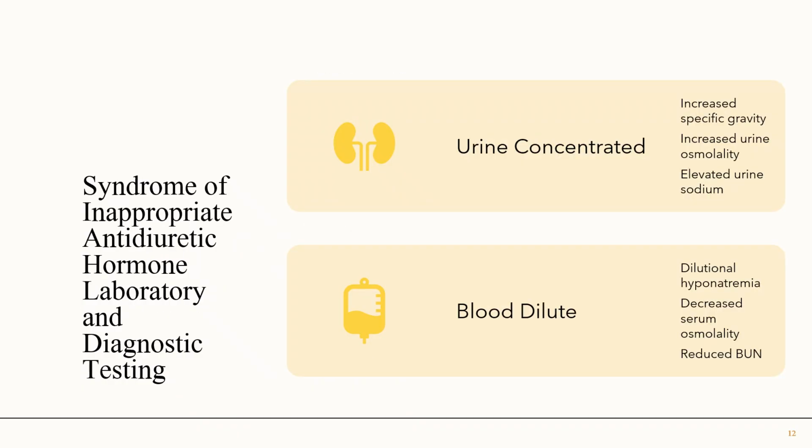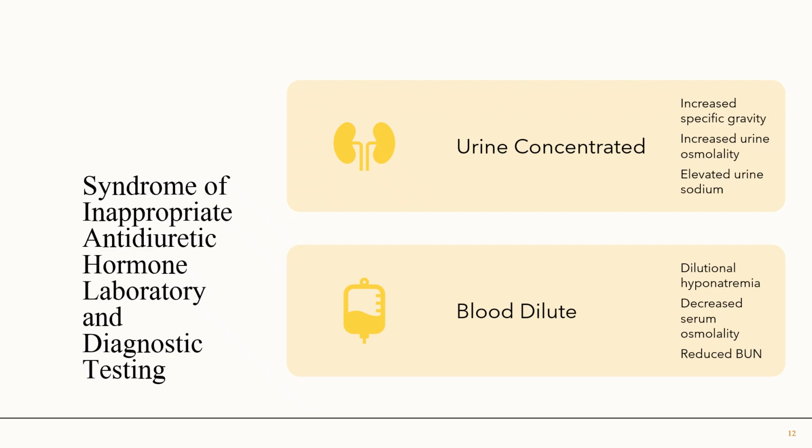Laboratory findings in SIADH follow a predictable pattern. When you look at the urine studies, think concentrated. The urine shows increased specific gravity, increased urine osmolality, and elevated urine sodium because the kidneys are continuing to excrete sodium while retaining water. When you look at the blood studies, think dilute.